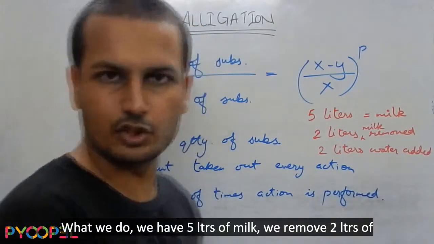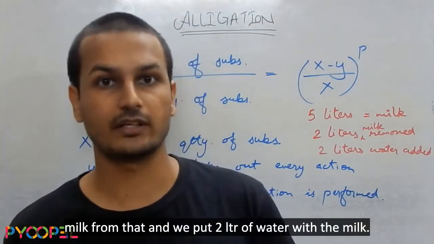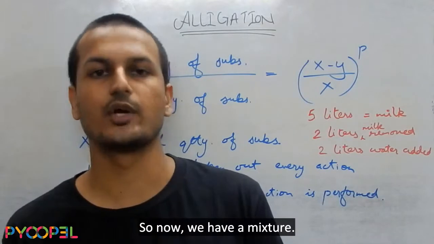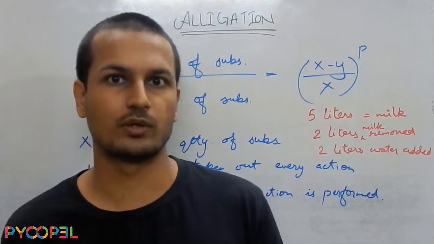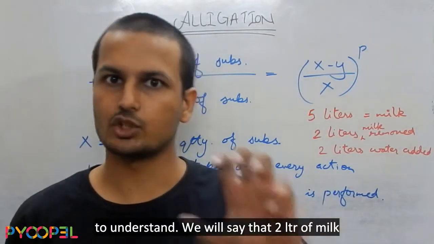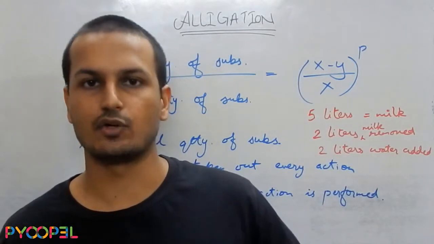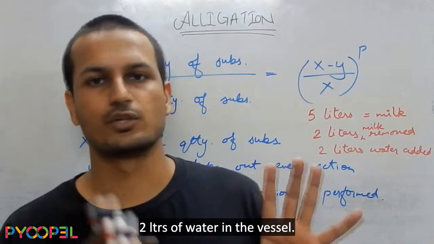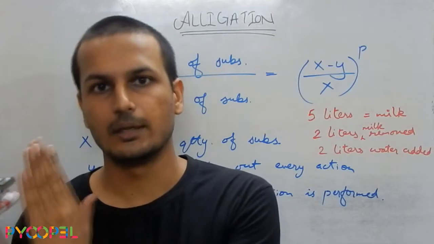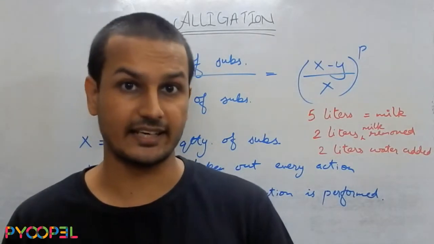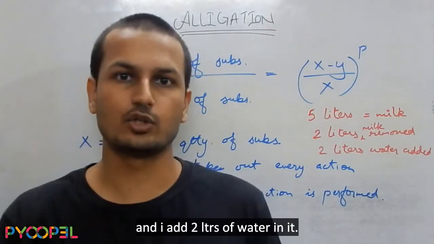What we do is we have 5 liters of milk, we remove 2 liters of milk from that, and we put in 2 liters of water with the milk. So now you have a mixture. If you do that action once, it is easier for us to understand. We'll say that 2 liters of milk has been removed, which means now we have 3 liters remaining in the vessel. Now you have added 2 liters of water in the vessel. So the composition is 3 liters of milk and 2 liters of water. But if I do the whole process again, now in this mixture, I remove 2 liters of the mixture and I add 2 liters of water in it.